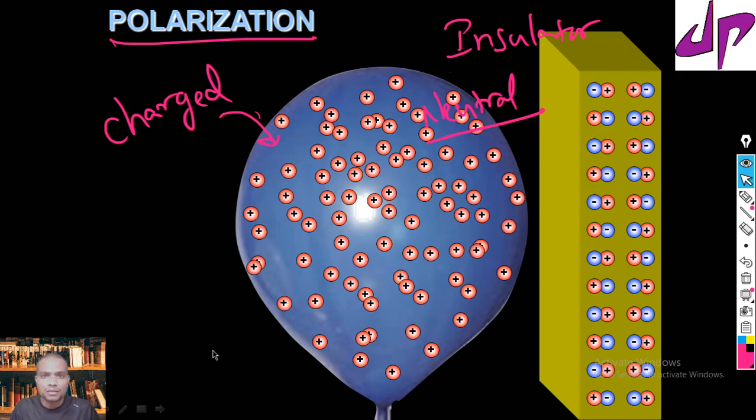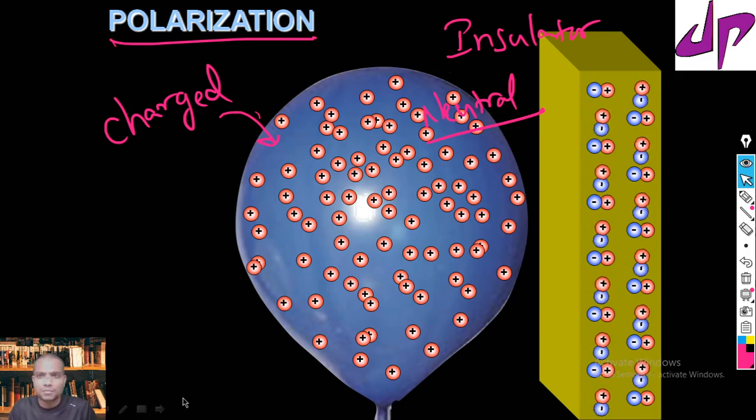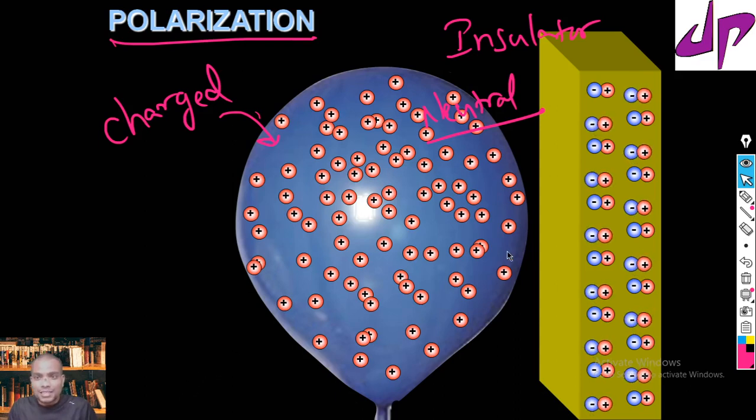But when we bring this charged object close, something is happening in this neutral object. There is no displacement of the electrons here. Electrons are not displacing, but the entire molecule, the atoms the insulator is made up of, are orienting.